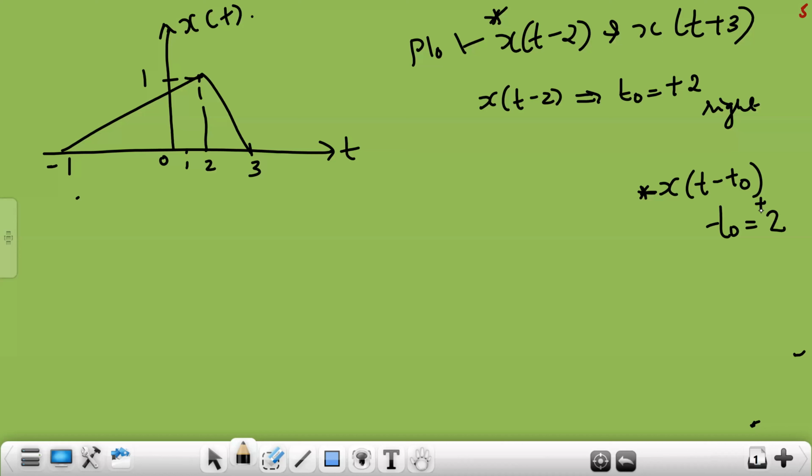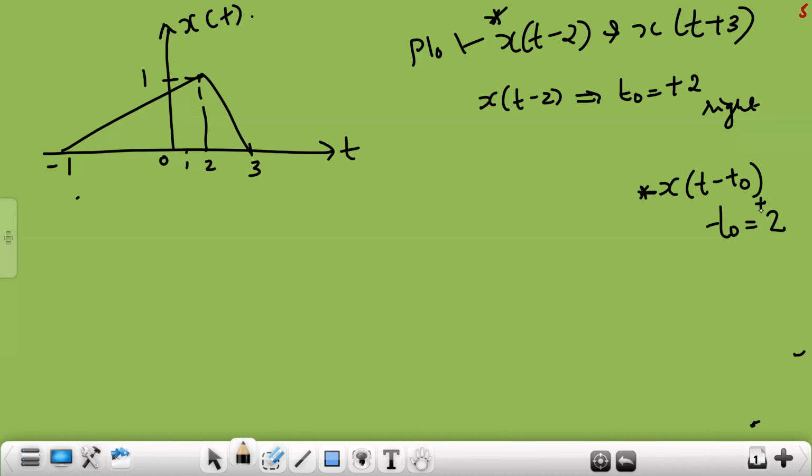And while shifting, you are changing the x-axis just rightwards. That is, this minus 1 will appear at... Can anybody say minus 1 will appear at? So plus 1. That is, you need to shift 2 times towards right.